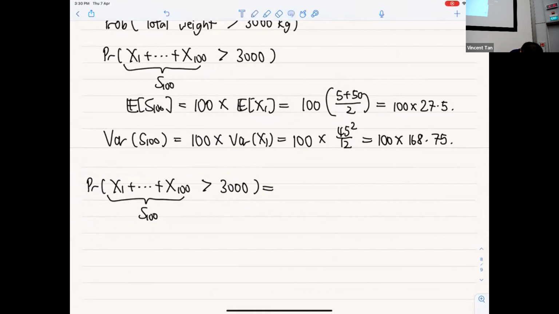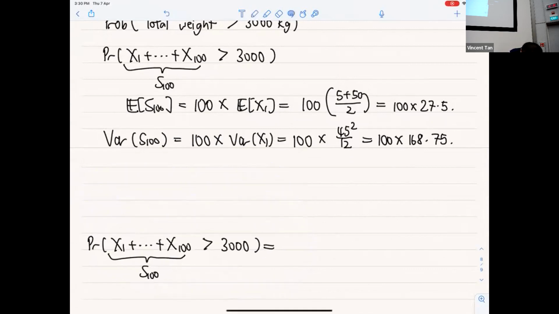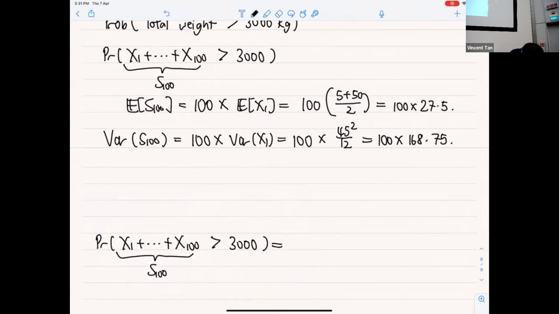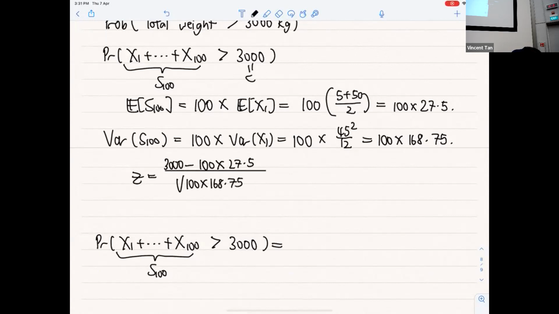Okay, before that, we're going to calculate the Z score. Okay, so our c is this guy here. So the equivalent Z is c minus 100 times 27.5. This is 3,000. Divided by what? Square root of 100 times 168.75.